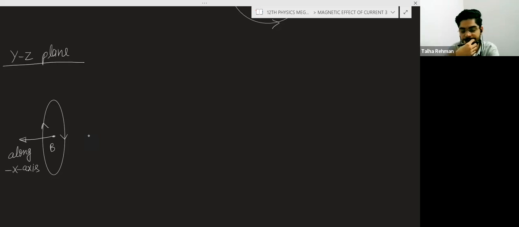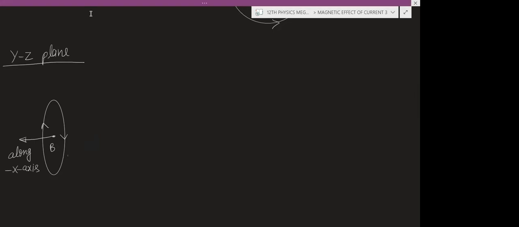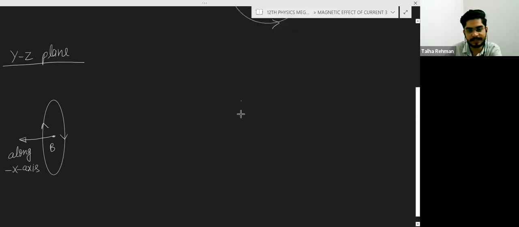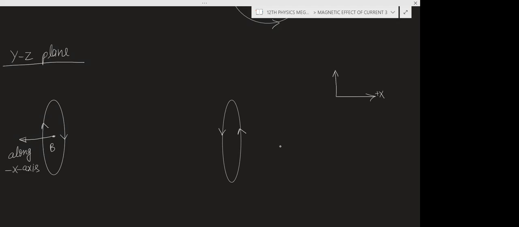Okay. And when you are taking a coil in the YZ plane like this again, and this time your current direction is like this, now just curl your finger along the sense of current and tell me the direction. Always remember that this direction is positive x-axis and this direction is positive y-axis.